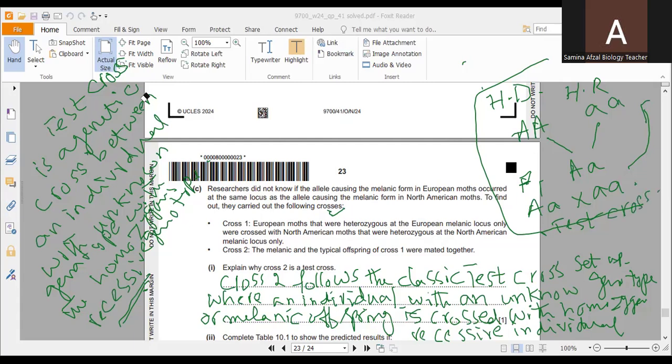Here in this case, as we are crossing the melanics with the homozygous recessive, this is called the test cross.